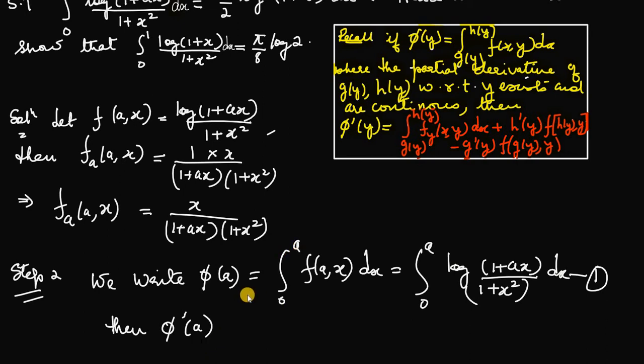So this will be equal to integral 0 to a, the first term f suffix a of (a, x) dx, plus h prime of a, which is the derivative of a with respect to a, so you get 1, into f of (a, a). Then g prime of y is equal to 0, since the lower limit is equal to 0, so the third term will be 0.